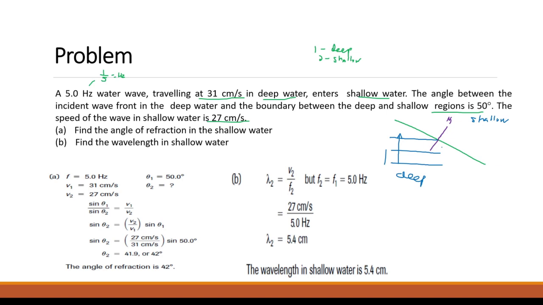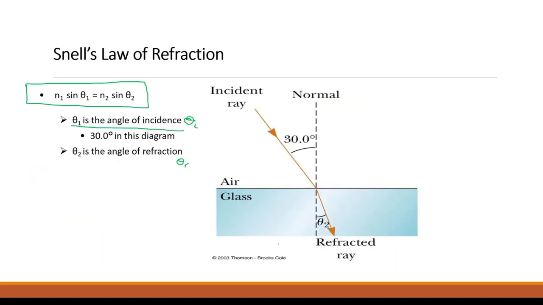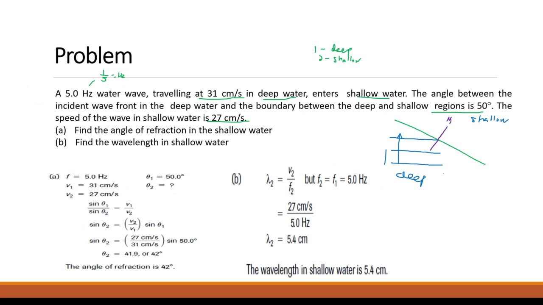Well, we said when we're going from deep to shallow, or a slower medium, it's going to bend toward the normal. So instead of going straight like that, it in fact bends like that towards the normal, right?